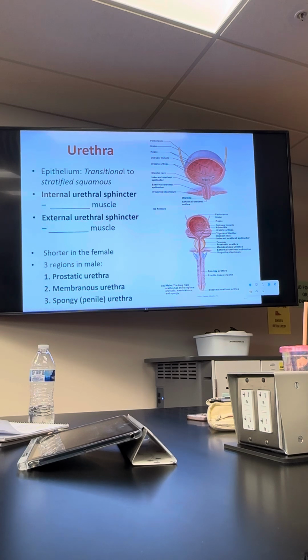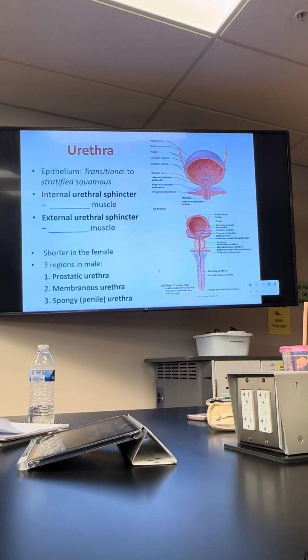The internal one is the first set right at the beginning of the urethra. That is made up of what kind of muscle if it is involuntary? Smooth. And then you have the external urethral sphincter. That is made up of skeletal muscle, voluntarily controlled.